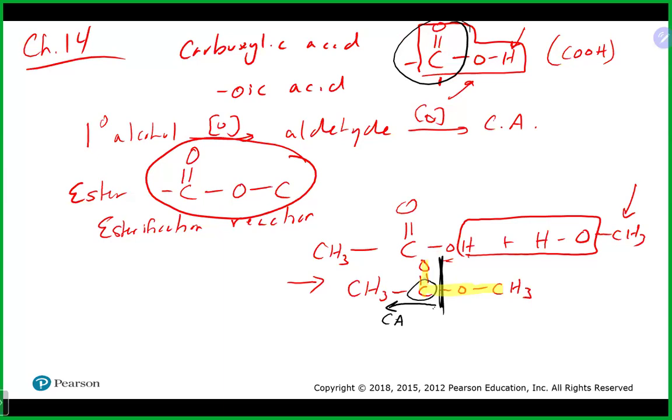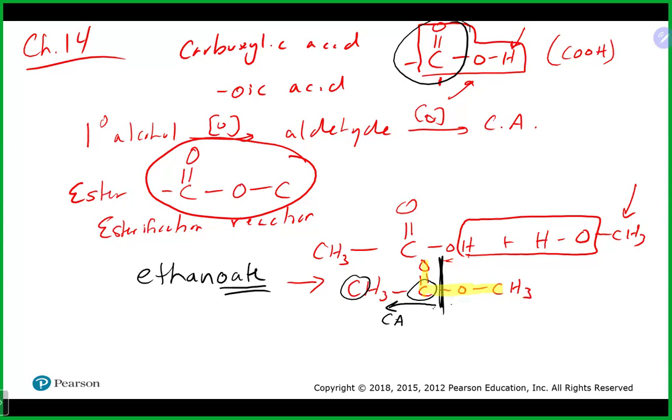In this case, there's one and two carbons. So two carbons is ethane. And the way that we name esters is we put "oate" at the end of it. So that's going to be ethanoate for the carboxylic acid part.